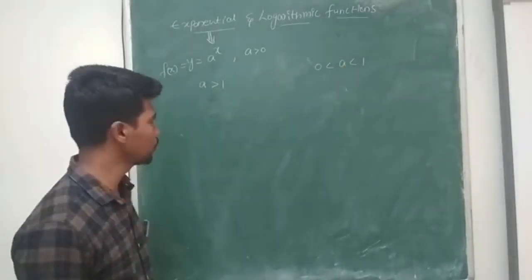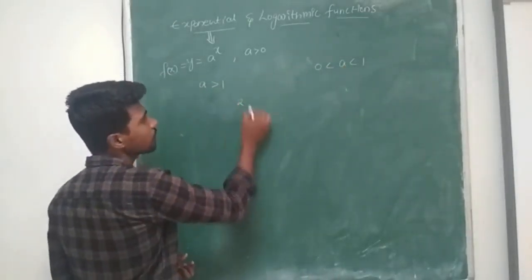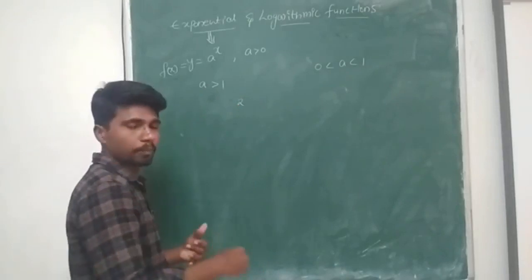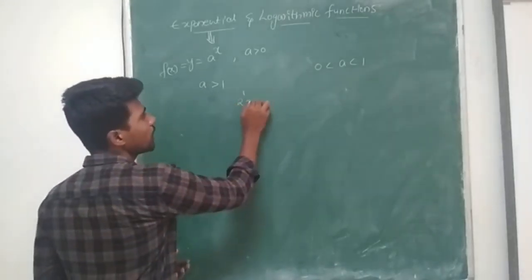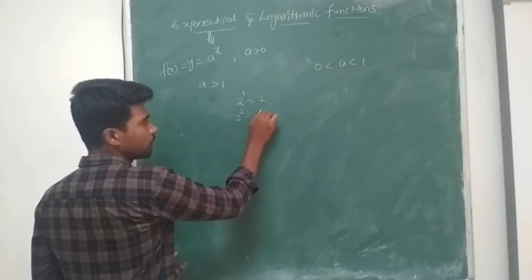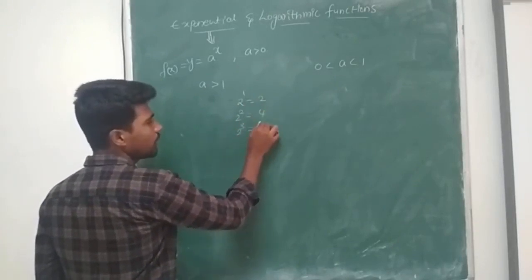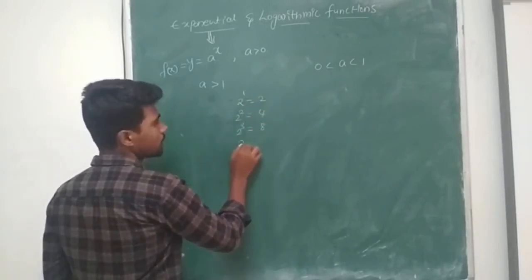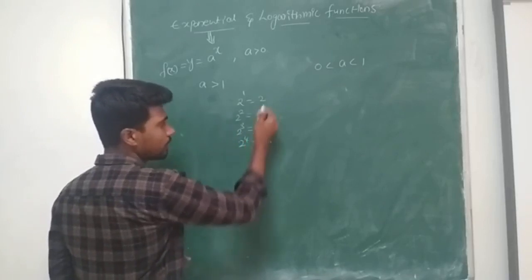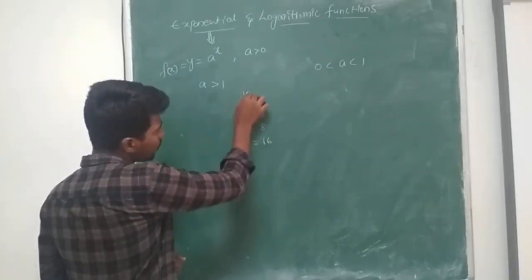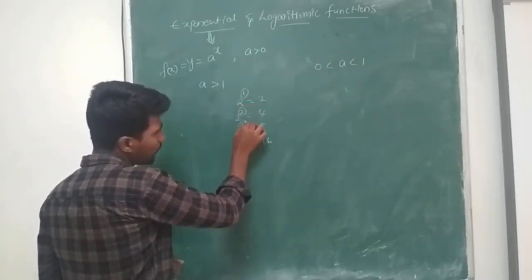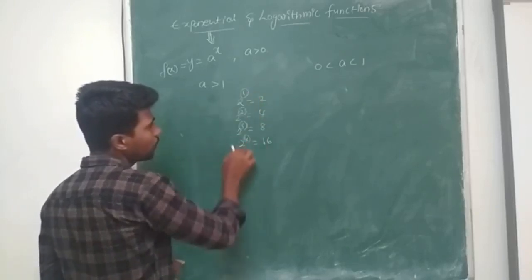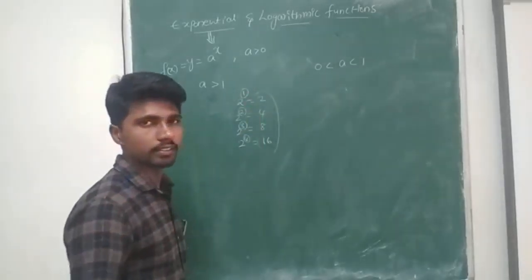Suppose you take 2, its power rises rapidly: 2 power 1 is 2, 2 power 2 is 4, 2 power 3 is 8, 2 power 4 is 16. If the power increases, the value of the function also increases.